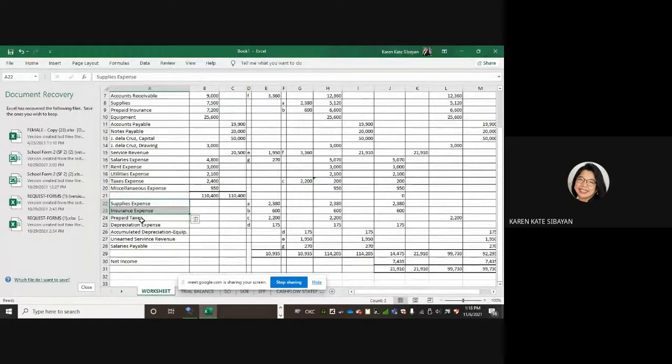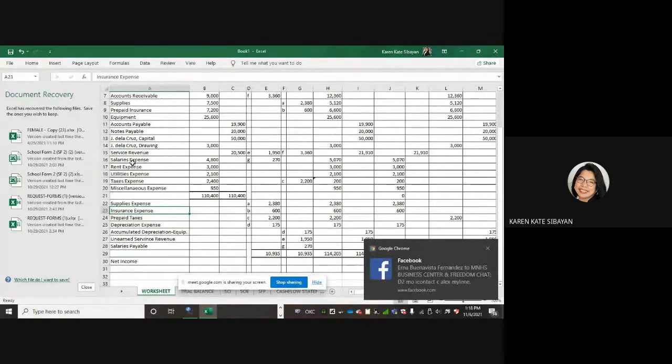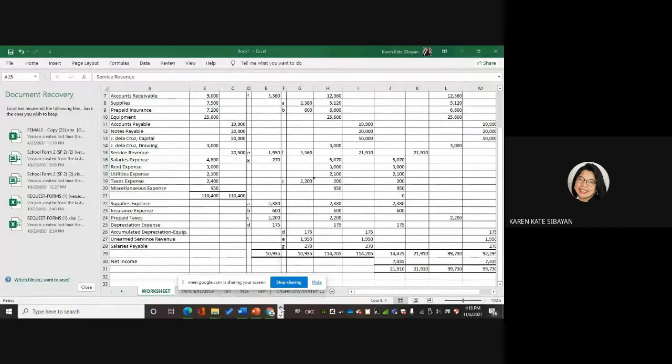Since sa tingin ninyo is, dahil may supplies expense siya, ibig sabihin, nagdagdag siya ng inventory niya. At the same time, meron din siyang insurance expenses, rent expenses. Ang tawag naman doon is operating expense.